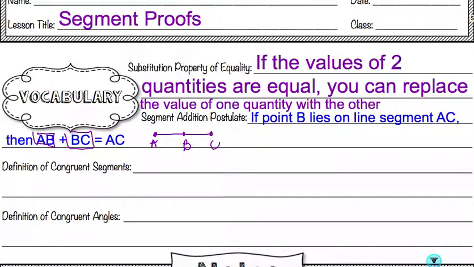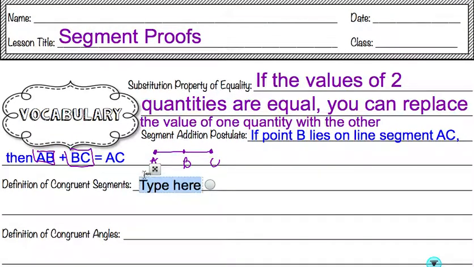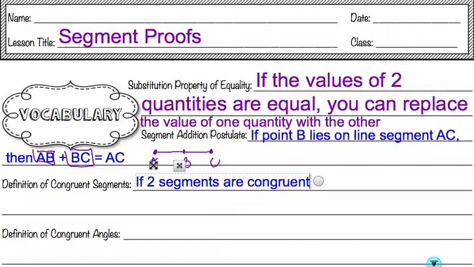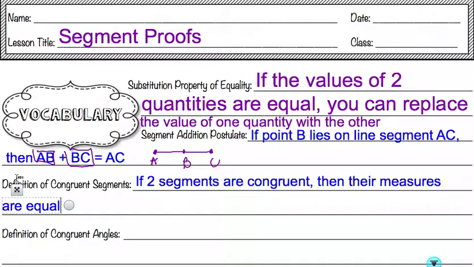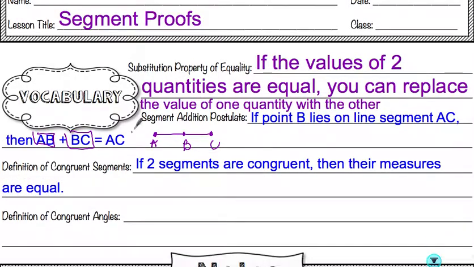Okay, the next one is the definition of congruent segments. This is very interesting. It's odd that they gave this a name, but they did. This states that if two segments are congruent, then their measures are equal. So think about that. If two things are congruent, they're also equal. Yeah, that makes sense to us. Let me draw that for you.